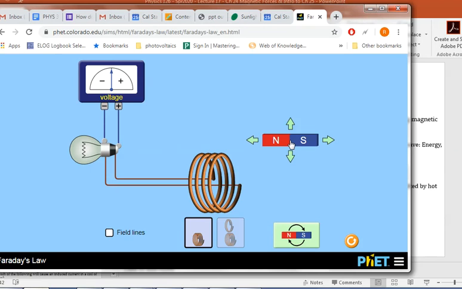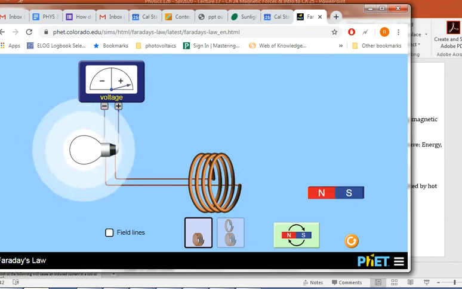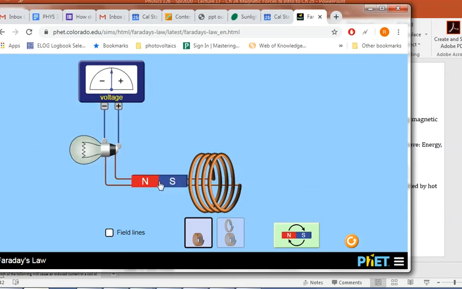And I want to demonstrate something with you. If I have a magnet, and I bring it nearby a loop here, slowly, nothing really happens. But if I suddenly move it inward into this coil, you notice that for the moment while it's moving, we actually get some current that goes through.